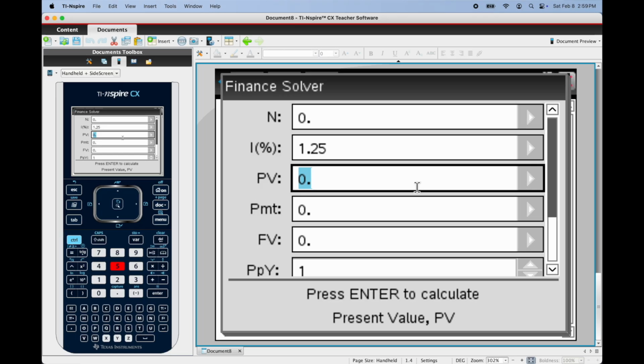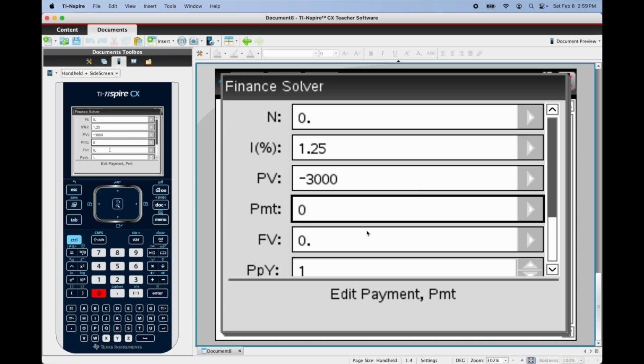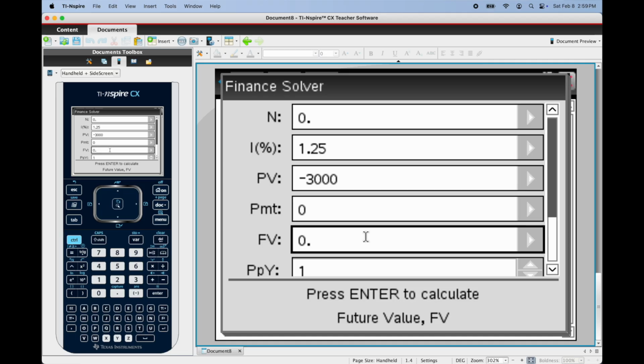General convention, money flowing out, leaving our pockets, going into the bank, it's negative 3,000. Payments, 0. There's 0 recurring payments. We're not adding anything new, and the bank isn't paying us installments as a pension or anything like that. Payment is equal to 0.